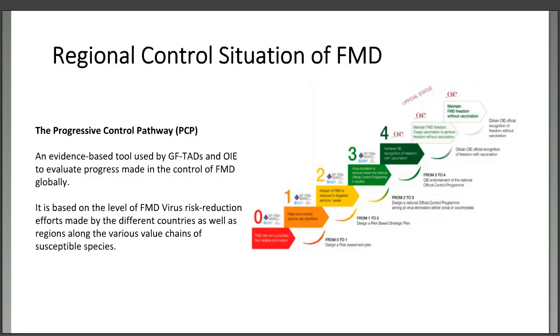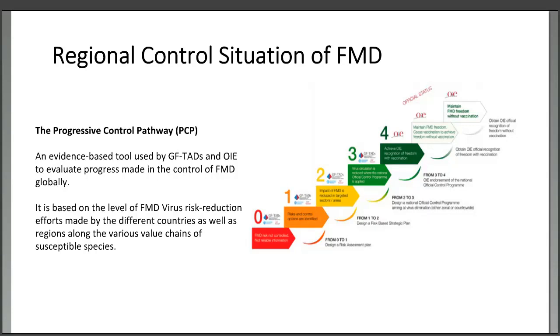Now, the regional control situation of FMD. The progressive control pathway is an evidence-based tool by GFTAD and OIE to evaluate the progress made in the control of FMD globally.